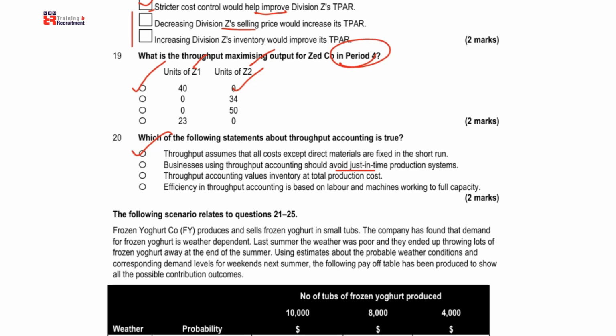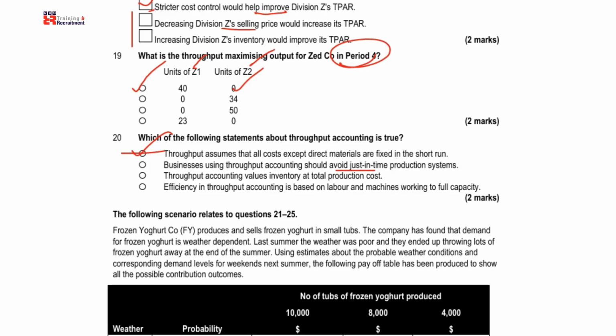It's material cost only, isn't it? Efficiency in throughput accounting is based on labor and machines working to full capacity. That's basically the traditional approach, not the throughput one. So the first one is our best answer. Great, so these are our 5 questions for 10 marks.